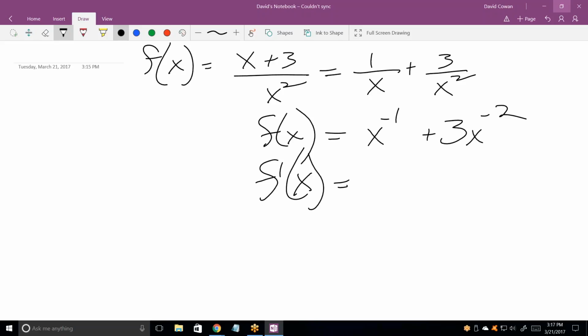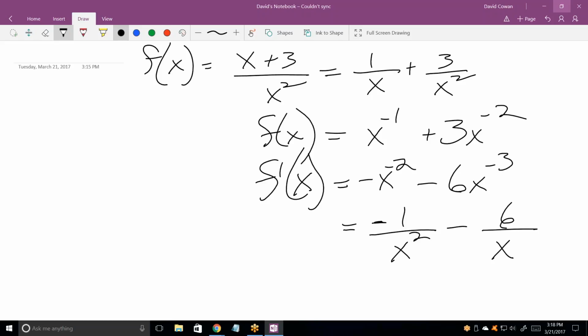Yeah. So it's negative x to the negative second power minus 6x to the negative third. And it's a good idea to write these as positive exponents, because that immediately tells us x cannot be 0.